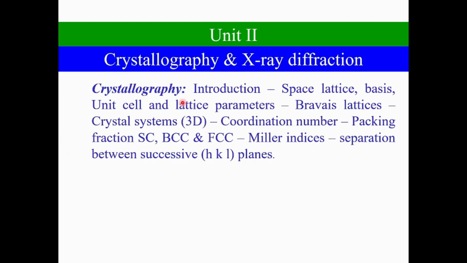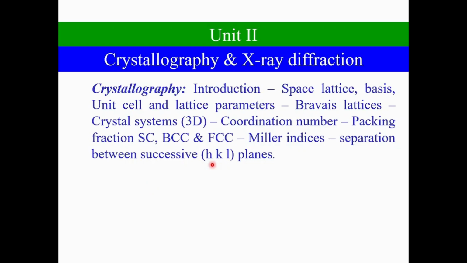This is the syllabus of crystallography, which contains an introduction to crystallography, space lattice, basis, unit cell, and lattice parameters. Then Bravais lattices, crystal systems, coordination number, packing fraction of simple cubic structure, body-centered cubic structure, face-centered cubic structure, followed by Miller indices and derivation of the equation for the spacing between successive HKL lattice planes.